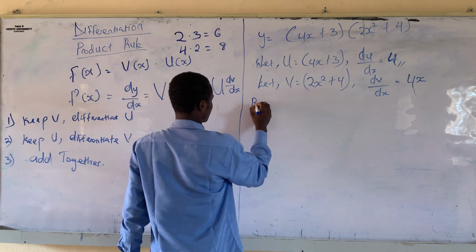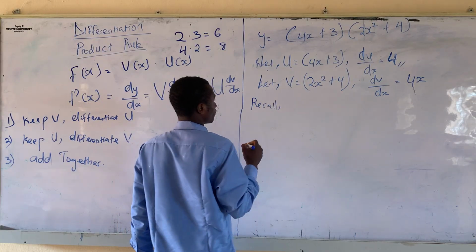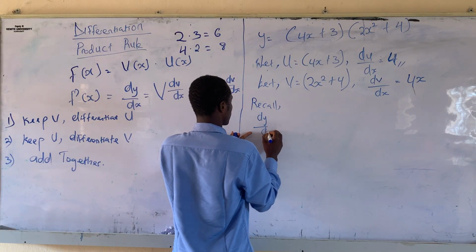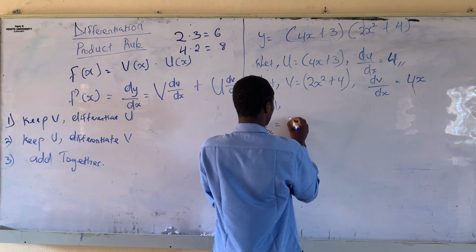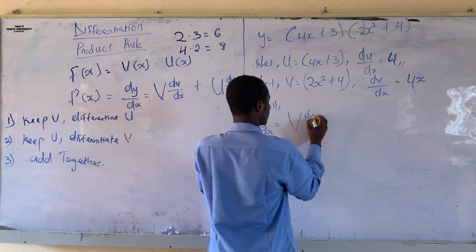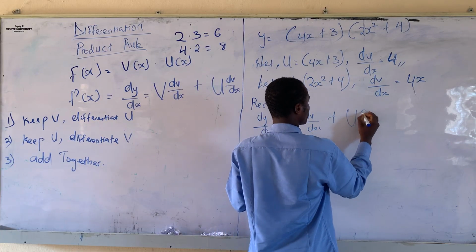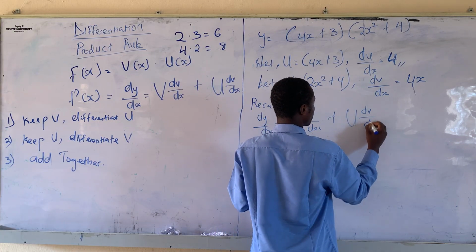Recall that our dy over dx is equal to v du over dx plus u dv over dx.